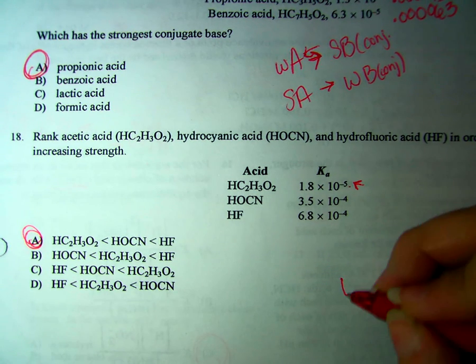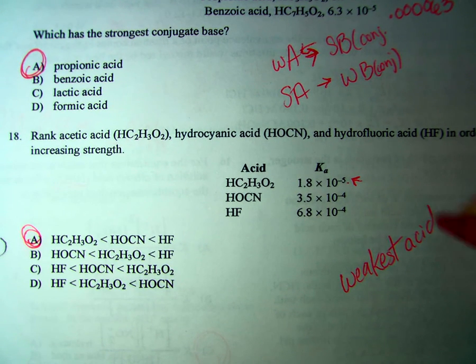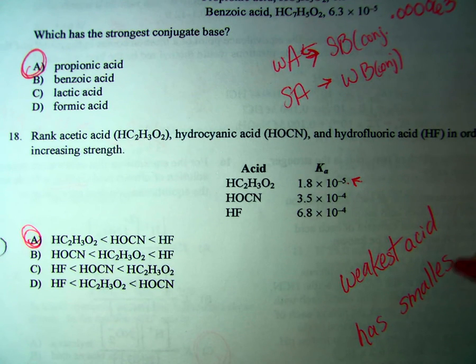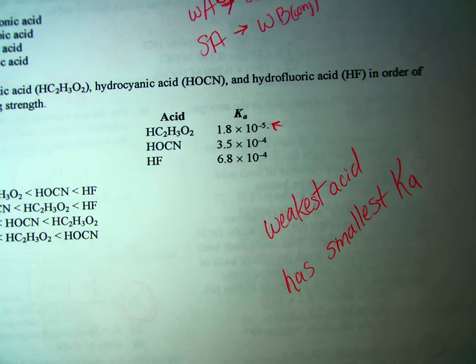Remember, weakest acid has the smallest Ka. I thought the smallest Ka exponent was the least. It's the greatest if it's negative. So it would be the largest exponent. But then if it has the same exponent, you have to look at what the numbers in front are.